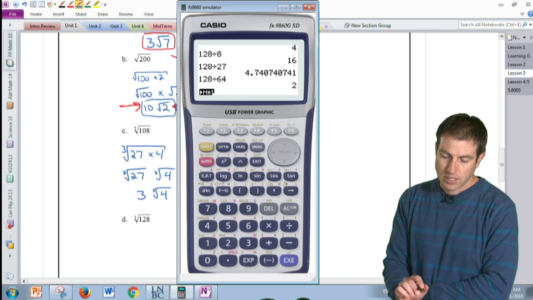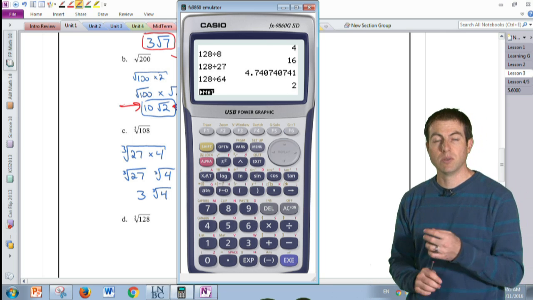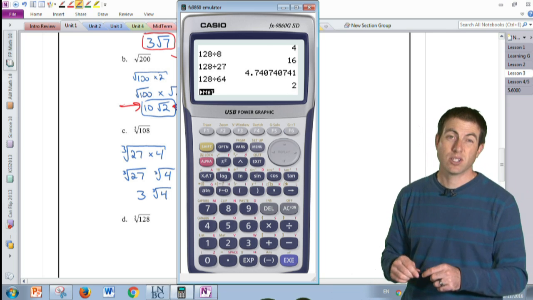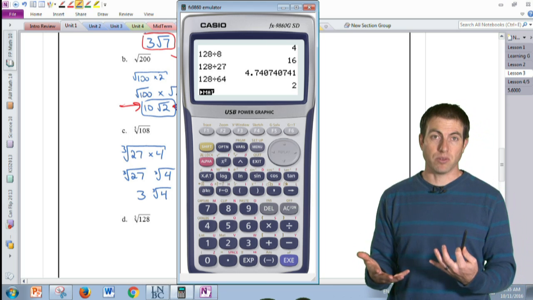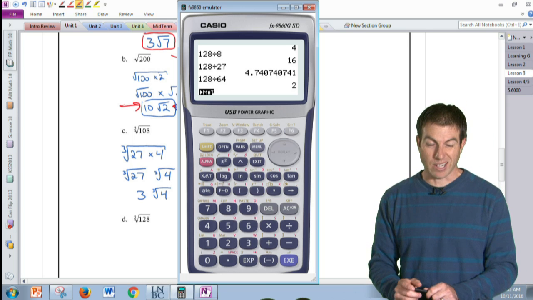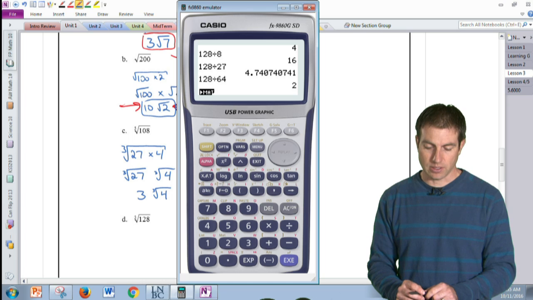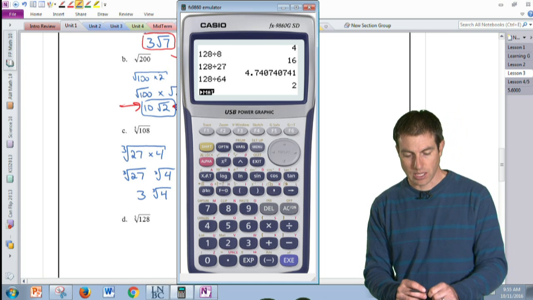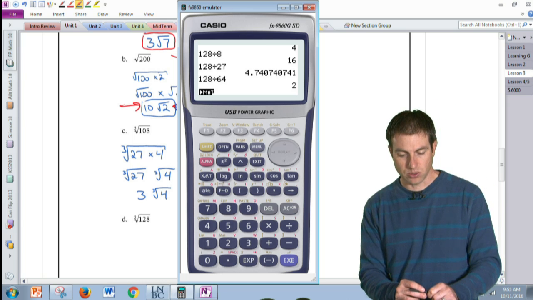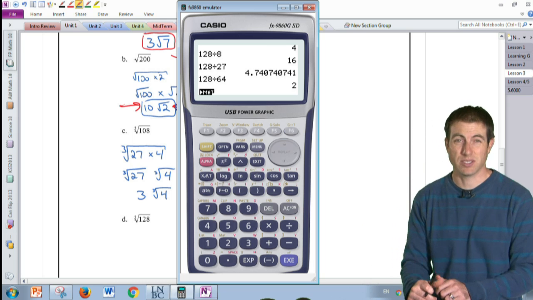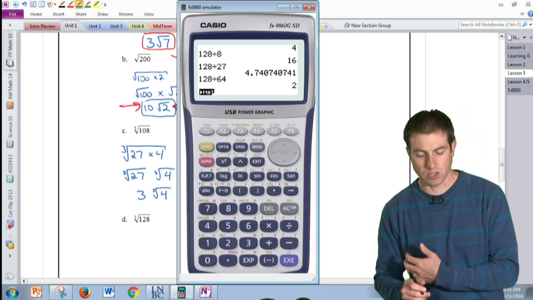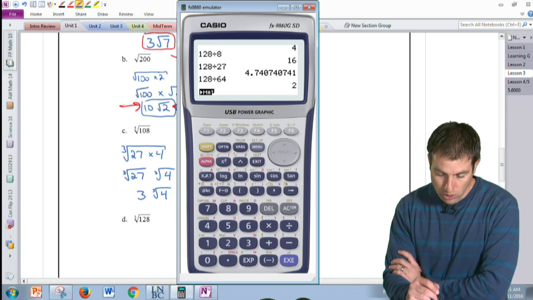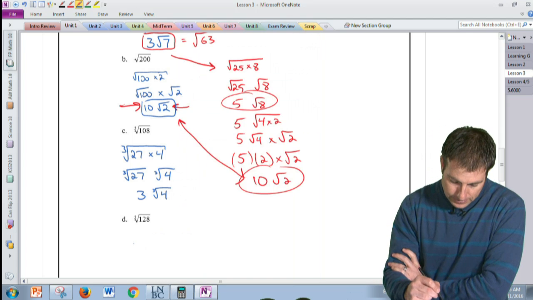Yes, it does. So notice how there were 2 perfect cubes that went in there. It turns out that 64 is the biggest perfect cube that goes in, but 8 also worked out. And the problem I run into there is that I'd have to do another step. So I always want to find the largest perfect cube. So 128 breaks down into 64 and 2.